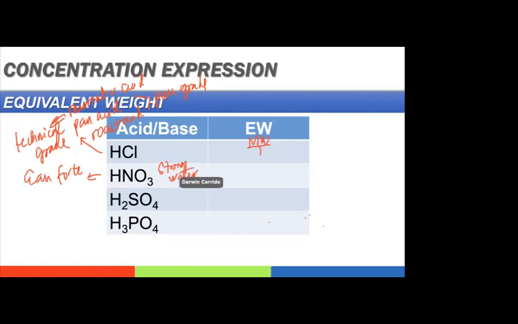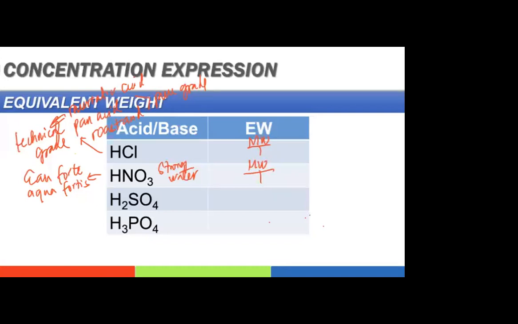Forte means strong, aqua means water. What is its equivalent weight expression? Molecular weight over what is the factor for nitric acid? Isang hydrogen lang yan. Therefore, 1.